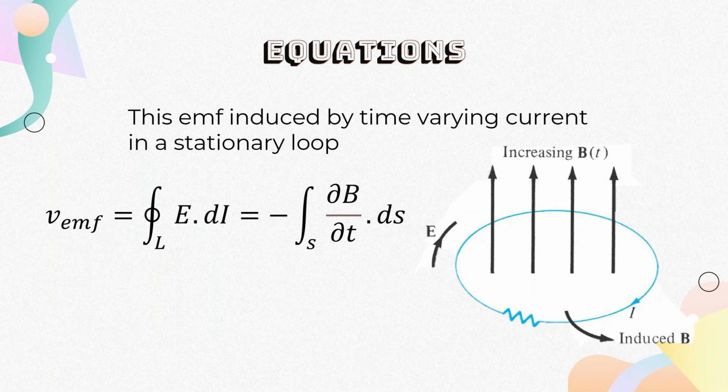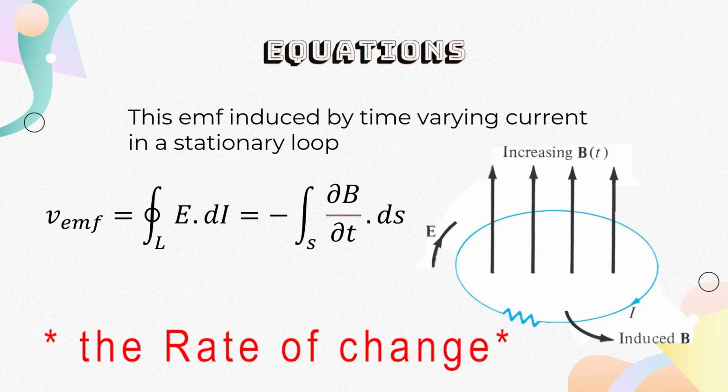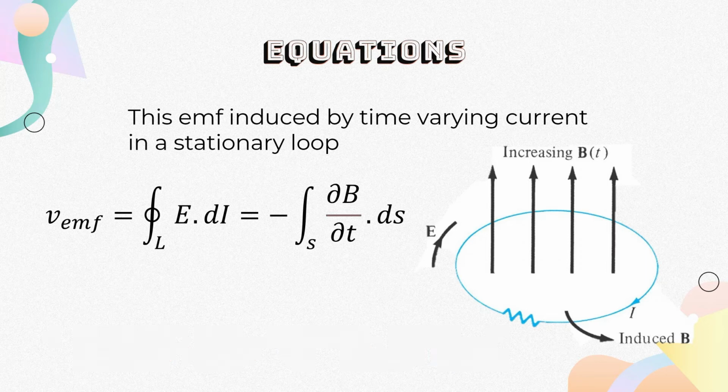Using Faraday's and Maxwell's equations, we get the following. In order to get the V of EMF, we are going to integrate the partial derivative of B over partial t, with B referring to the field and t referring to time, the whole concept being a time-varying B field with respect to dS.